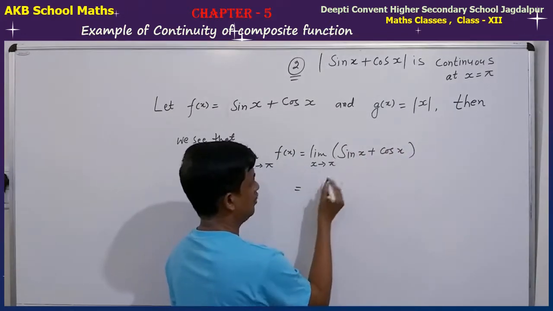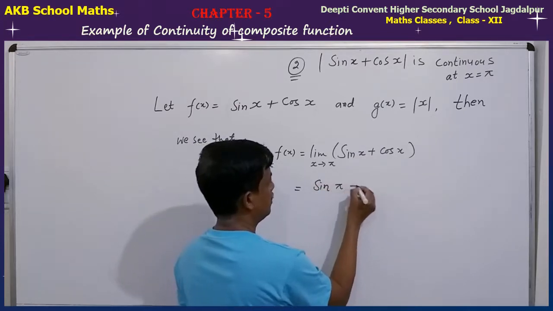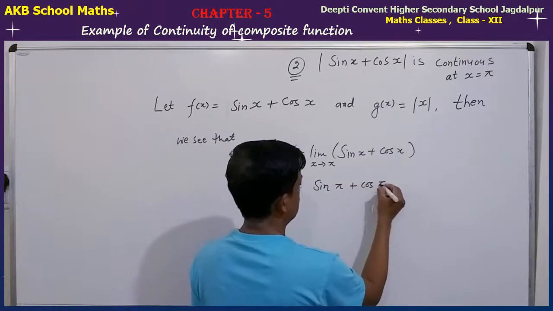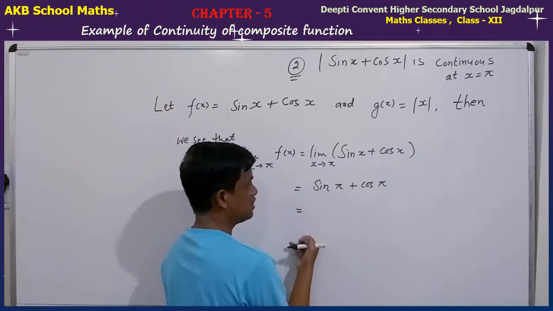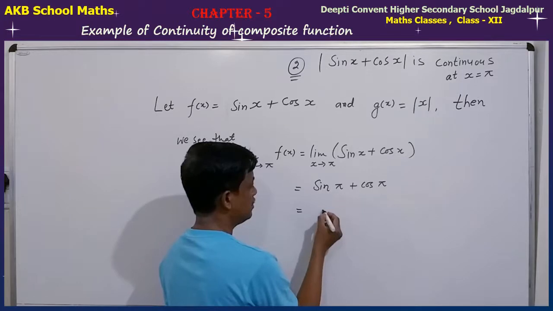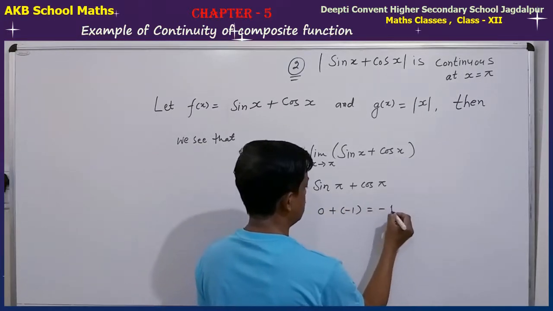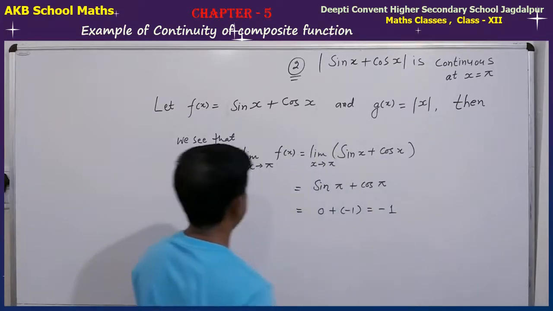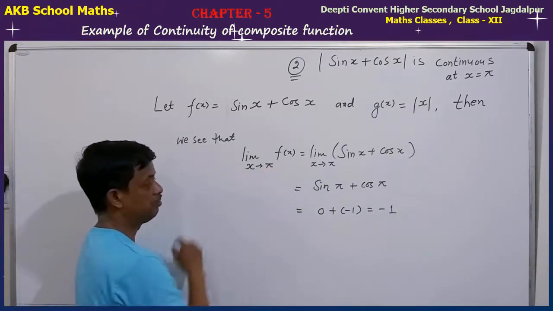You can put the value here: sin pi plus cos pi equals 0 plus minus 1, equals minus 1. This is the limit of the function at the point pi.